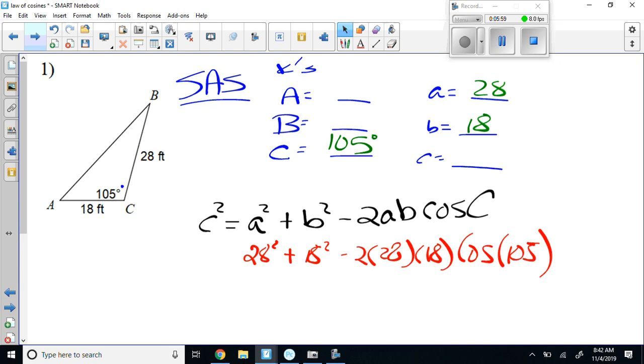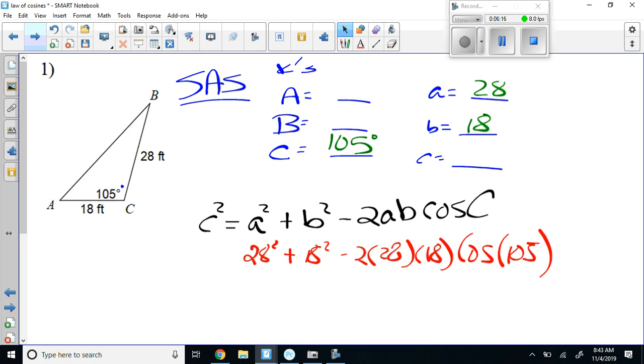Okay, so I want you to evaluate that. Give me a number before you take the square root of it, right? That way I can determine whether or not you did this calculation wrong. Give me a value before you take the square root.